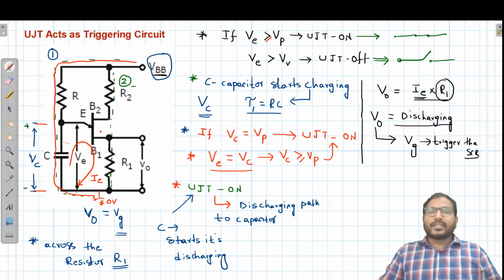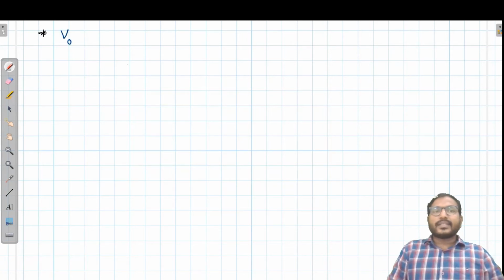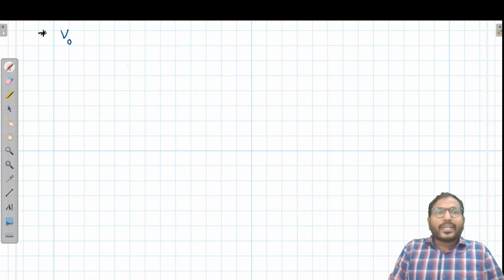So this is the concept. As per the discussion, V0 is created, equal to the capacitor discharging voltage.